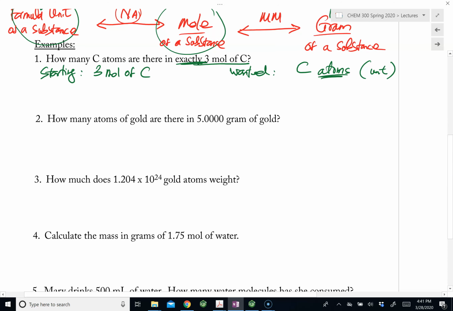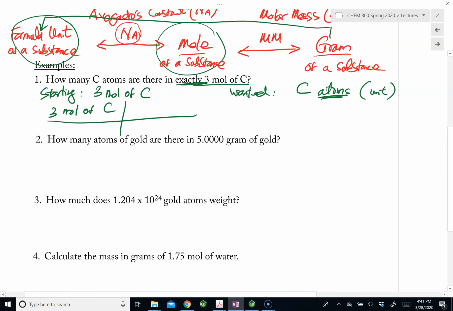And now to set this up, starting with 3 mole of carbon, we see that for every 1 mole of carbon, there will then be 6.022 times 10 to the 23rd carbon atoms in it. So we'll be putting 1 mole of carbon on the denominator, so its unit can cancel out. And on top, we will then have 6.022 times 10 to the 23rd carbon atoms.